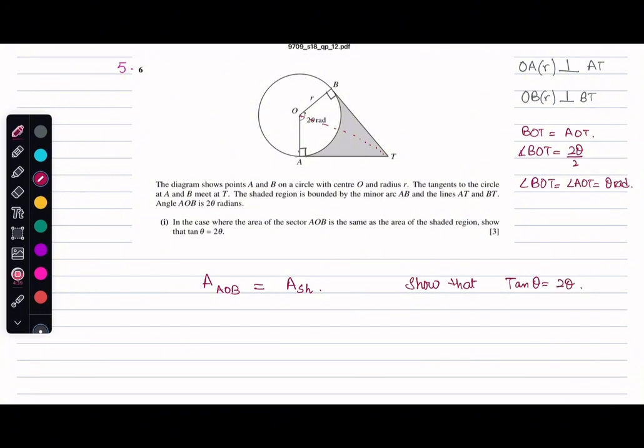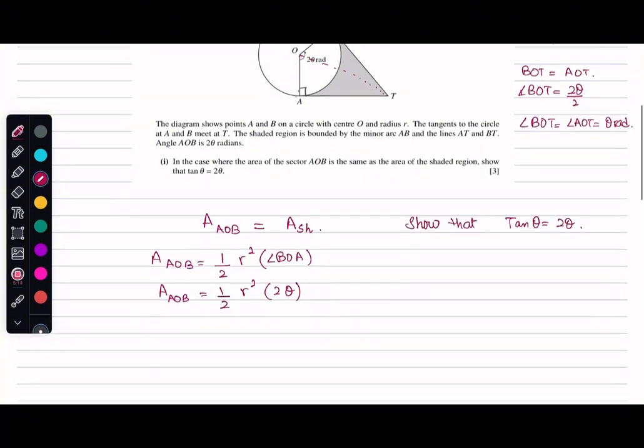So here, let's have the sector area, which is AOB. So the area of sector AOB is not difficult to find in terms of the radius and the theta value. I can say that this is going to be 1 by 2 r square, the angle BOA, which is going to be 2 theta.